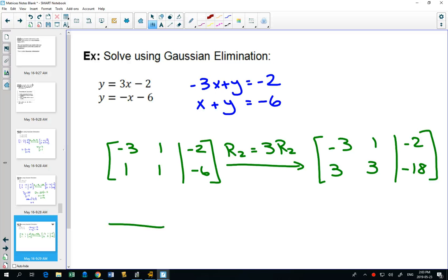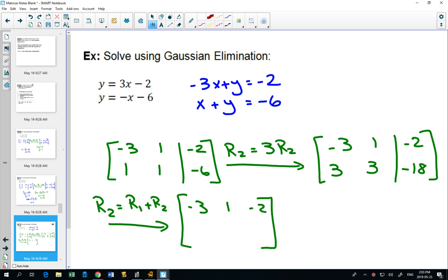So I can do a second step. Now I just want to change row 2 to equal row 1 plus row 2. Again, row 1 doesn't change. But now when I add the rows, this will be 0. 1 plus 3 is 4. -2 plus -18, -20. And so I know that 4y's equal -20, y is equal to -5.